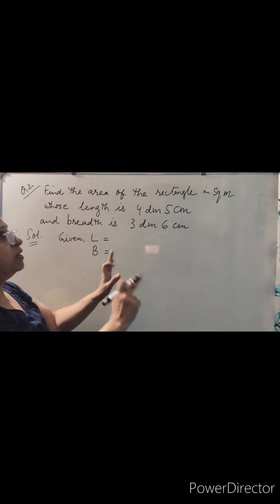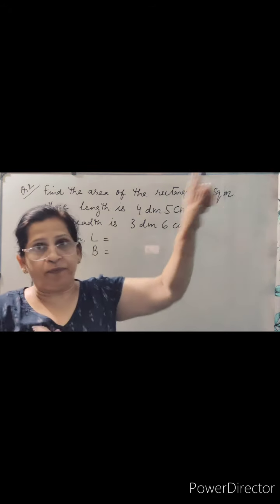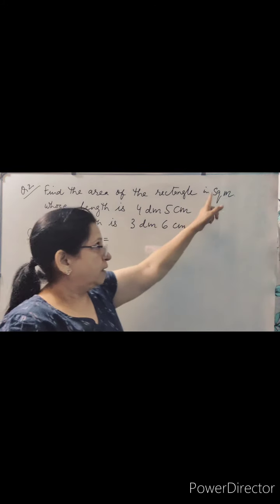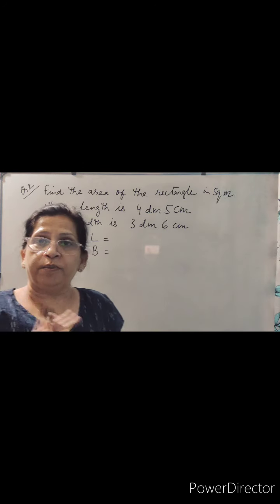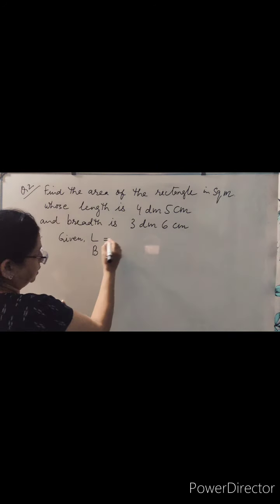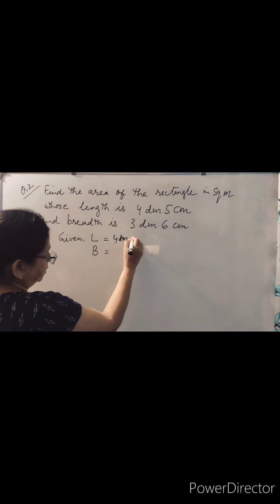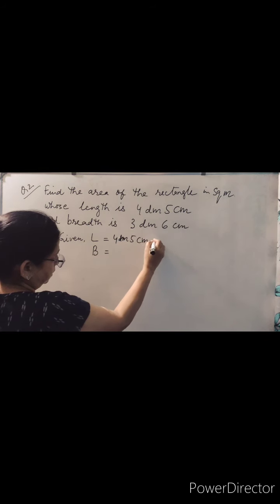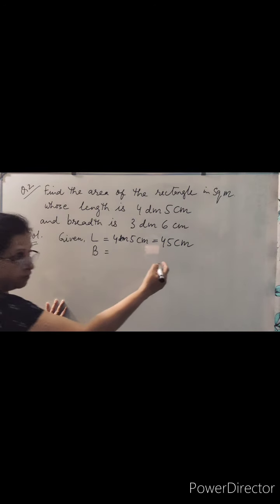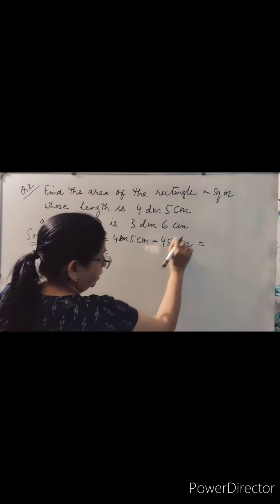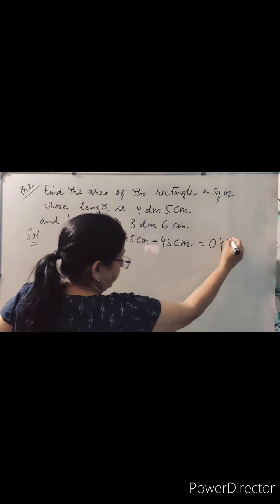सो लेट अस कन्वर्ट these units into meters because we want our answer is in square meters. हमें अपना आंसर स्क्वायर मीटर में चाहिए. तो हम क्या करेंगे, जो लेंथ और ब्रेड्थ हमें गिवन है, जैसे कि लेंथ इज 4 decimeter 5 centimeter, it can be written as 45 centimeter and further it can be converted into meters, then it will become 0.45 meter.